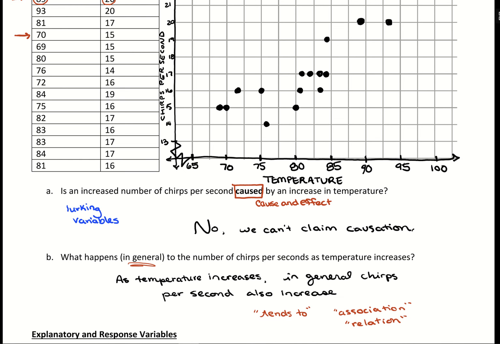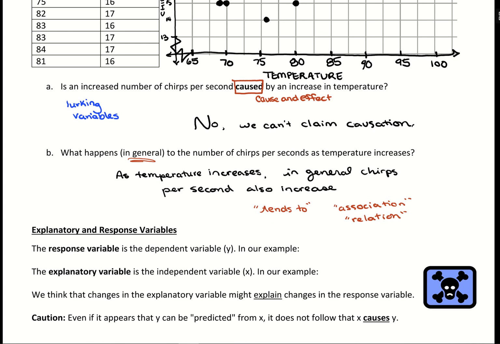All right, so let's talk about some vocabulary down here. So we talked about y being the dependent variable and x being the independent variable. In this section, we use slightly different wording to relate to linear regression and correlation. So with the y variable, we call this the response variable because it's typically responding to something else.